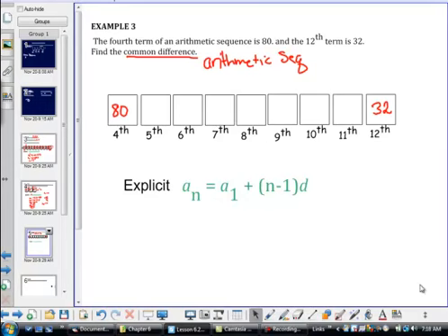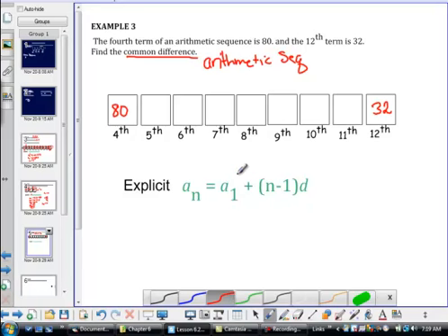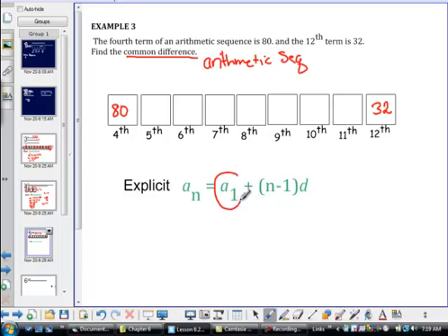All right, sorry, I had a little interruption there. All right, so here's my explicit formula. Now, you look at it and you say, this doesn't help me because I don't know what my first term is. So, here comes a little upper level thinking, and this is why it's Algebra 2 and not Algebra 1. We've got to manipulate this formula a little bit.